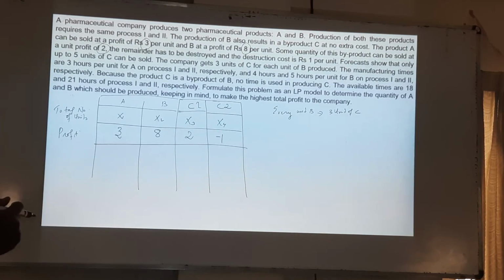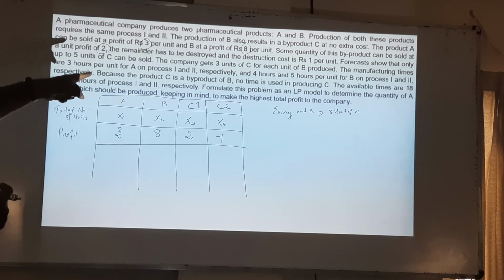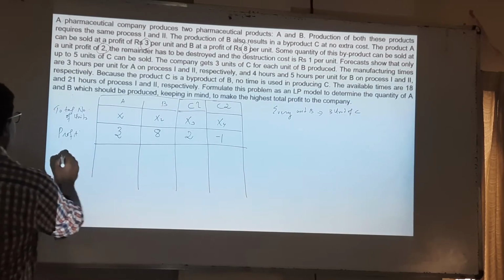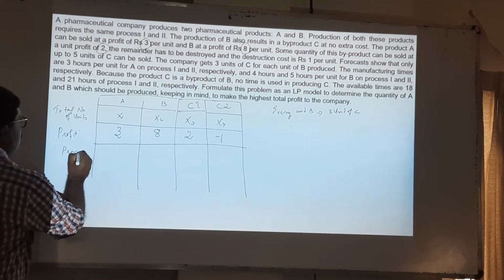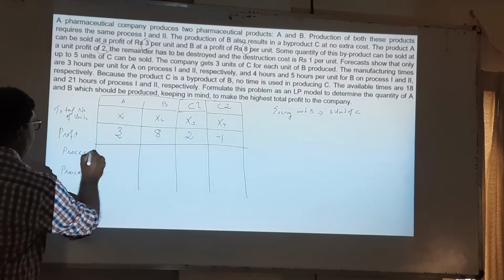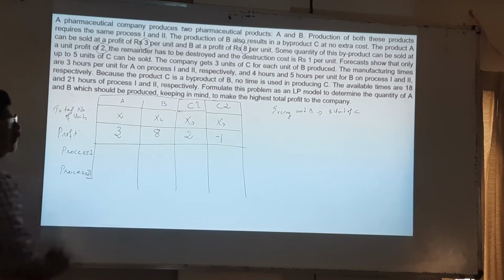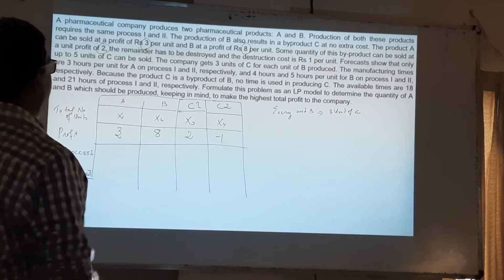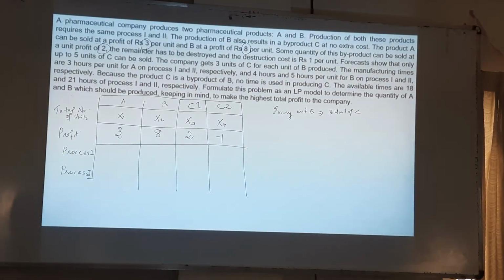Next, process. There are 2 processes, process 1 and 2 respectively, because all these products should go through 2 processes. Now process 1, what are the times it takes for A and B?